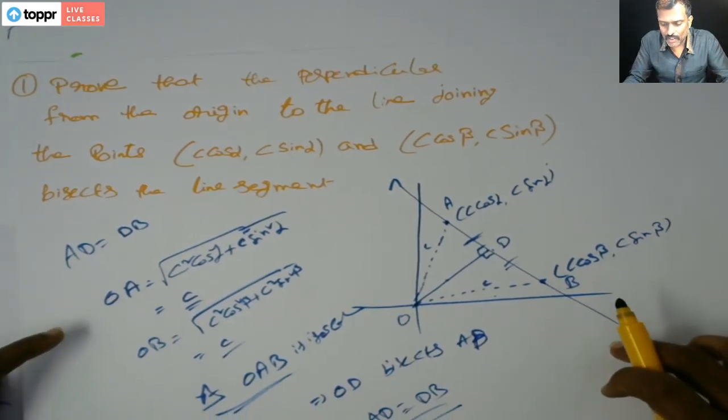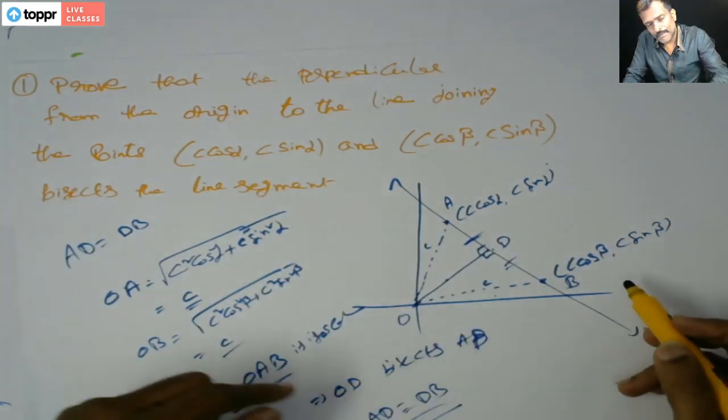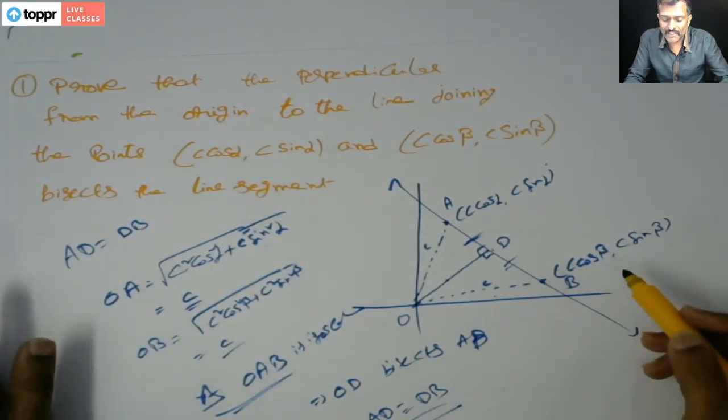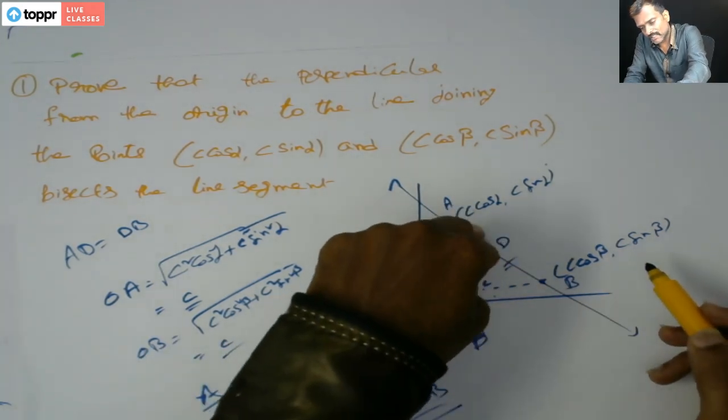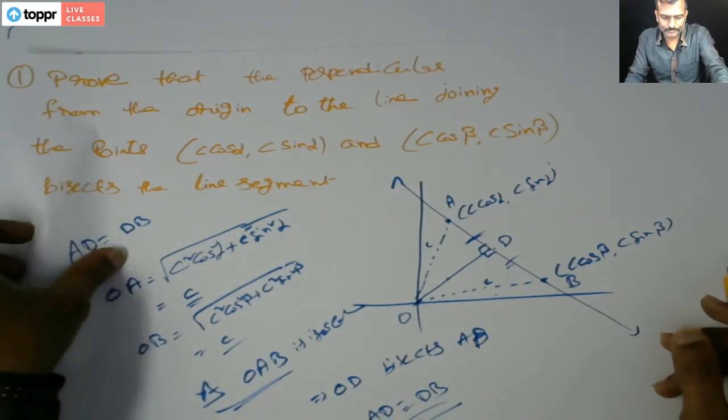So this is how we can prove that the perpendicular drawn from the origin will bisect the line segment joining the 2 points (c cos alpha, c sin alpha) and (c cos beta, c sin beta).